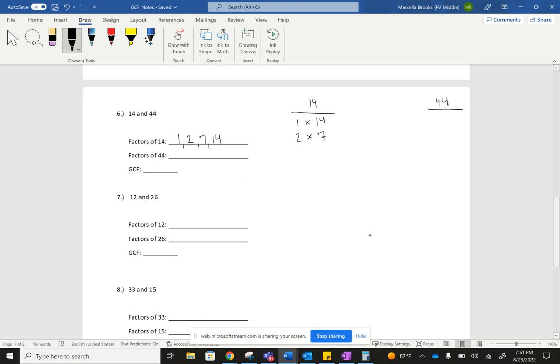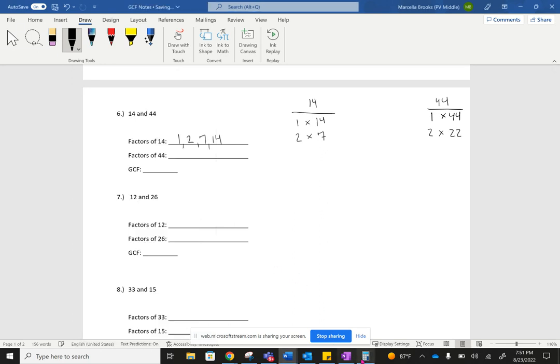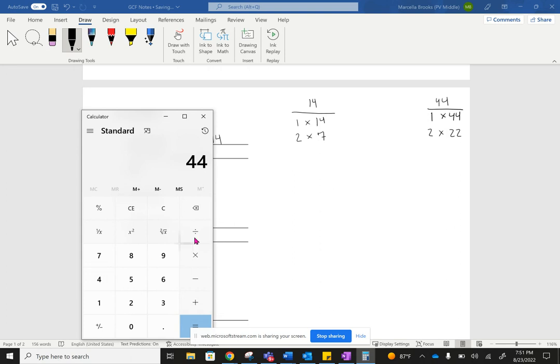We know that 1 times 44 makes 44. That's something that's going to be on every single one of these. 1 times the number is going to be the number, so 1 is a factor of every number. Let's see if 2 is. We're going to do 44 divided by 2. 2 times 22. Let's do 44 divided by 3.